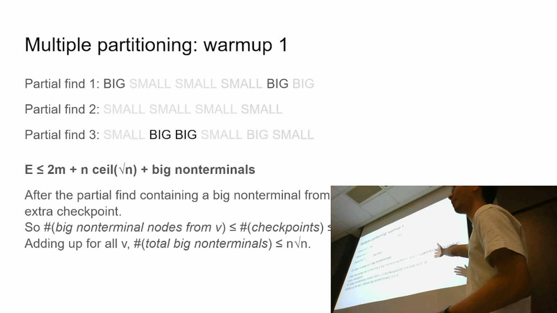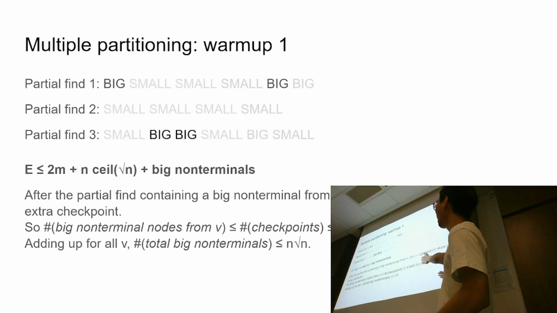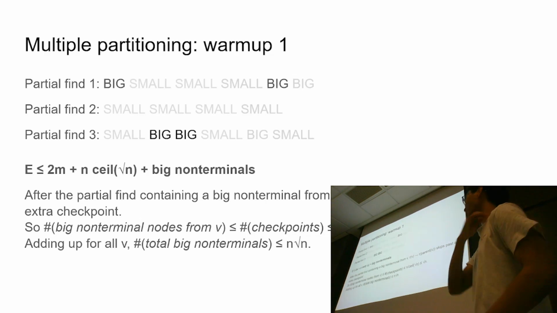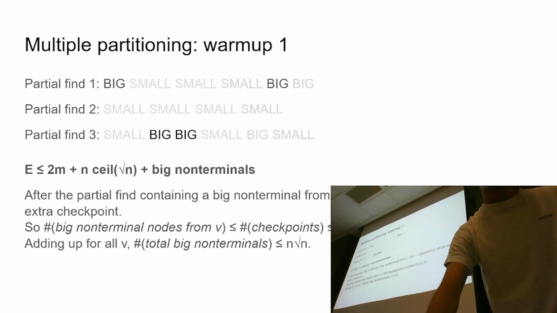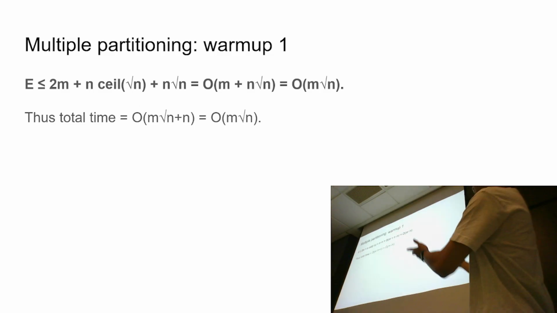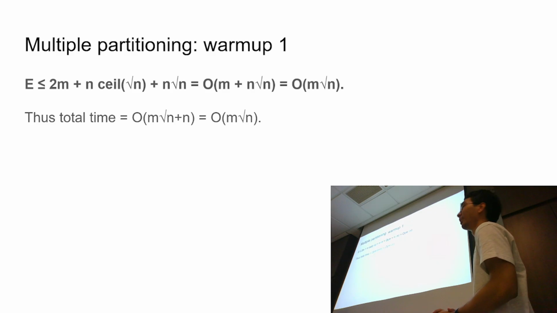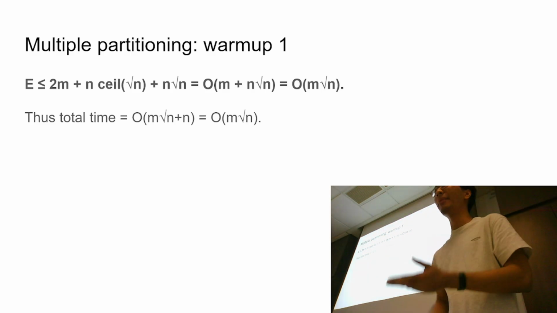It's bounded above by the total number of nodes in our tree in the first place, which is n. So n over ceiling square root n gives us an upper bound of square root n. So if we add up for all possible source nodes, we get the same bound. So now we can bound E by O of m square root n. This is better than our mn bound from just now.